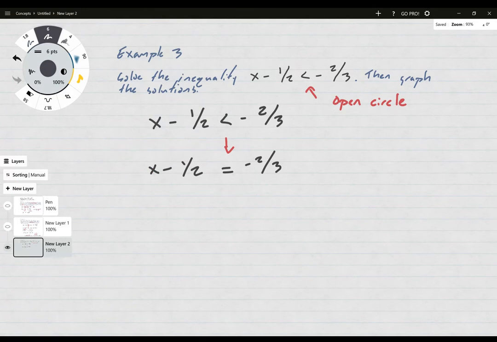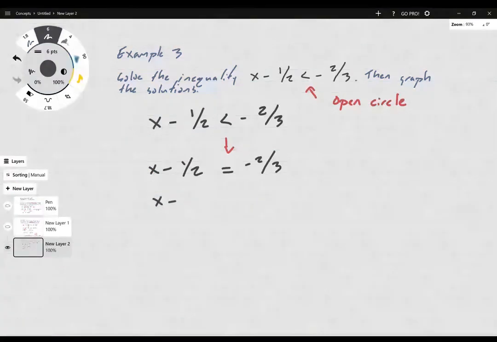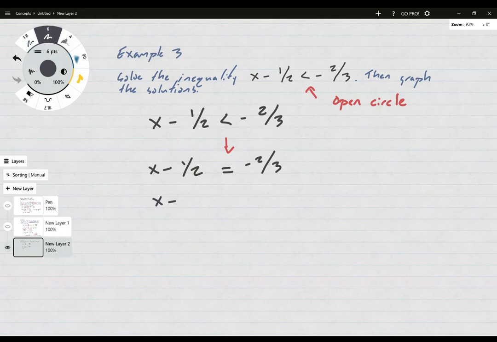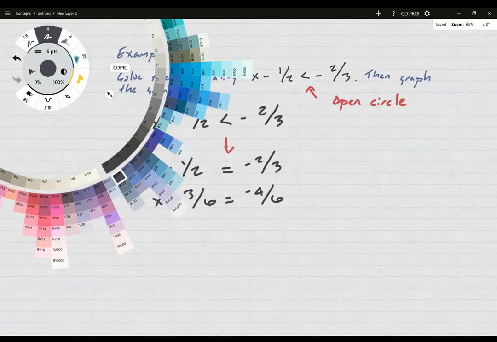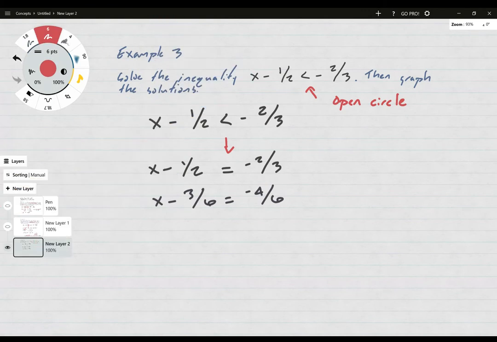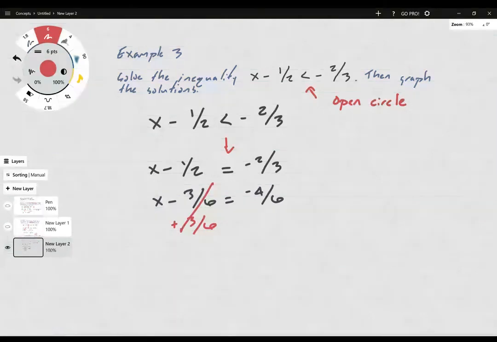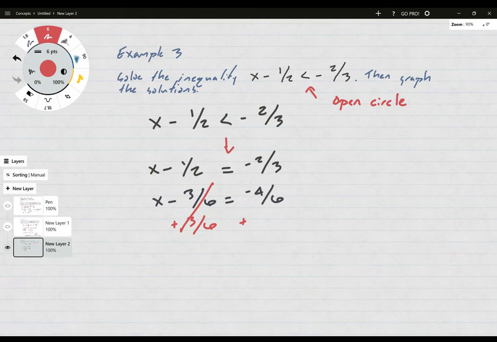So now it's going to become x subtract 1/2 multiplied by 3 is going to give me 3/6 equals -2/3 multiplied by 2 is -4/6. Now they have the same denominator, so now I can add and subtract them. Now I'm just solving an equation, inverse operations: add 3/6 to this side to cancel it out, because I need to get the x by itself.